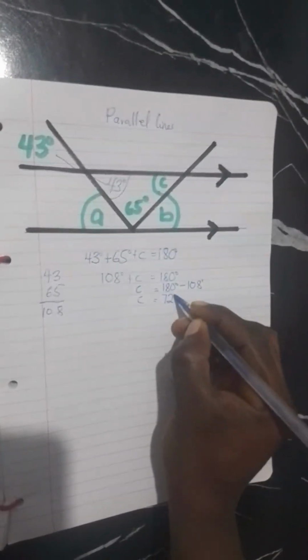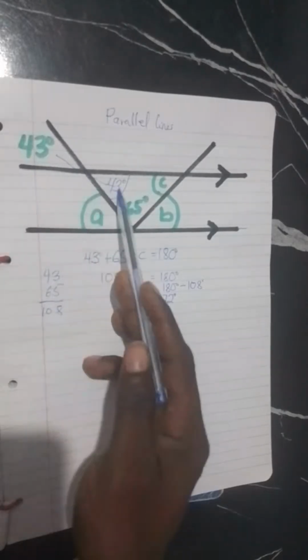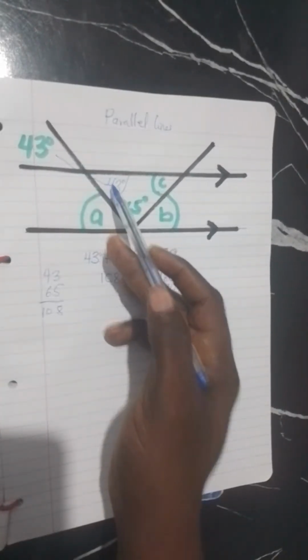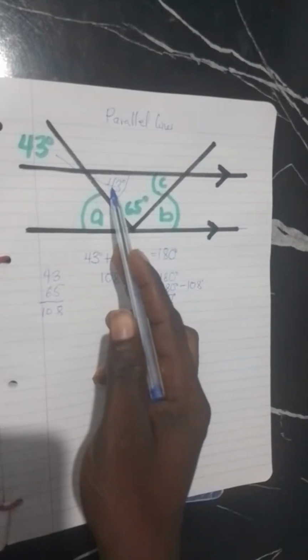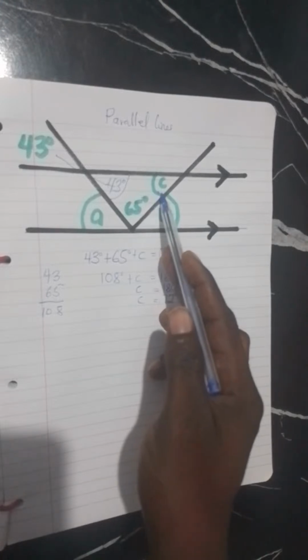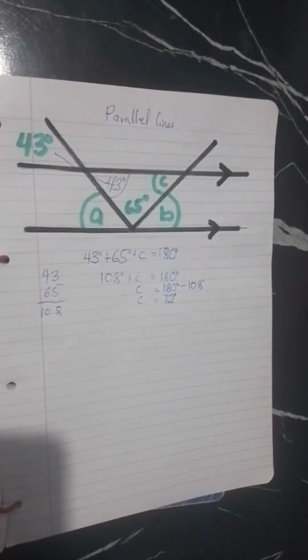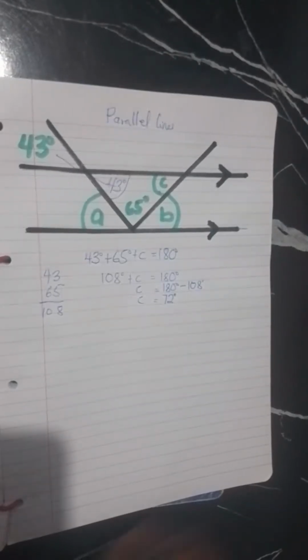That is 72 degrees. So first I said that this is 43, where the 43 is vertically opposite angles. It's vertically opposite to this side. Then we use the sum of angles in a triangle to solve for C. So 43 plus 65 plus C gives us the sum of angles in a triangle.